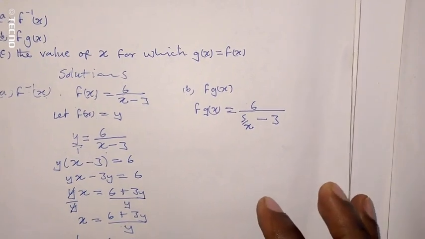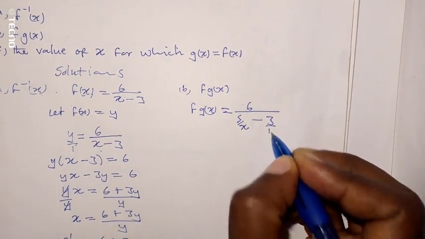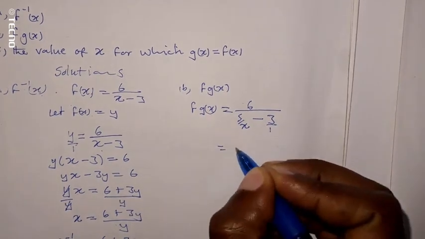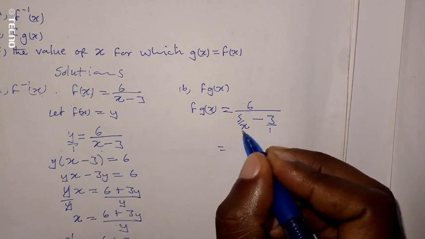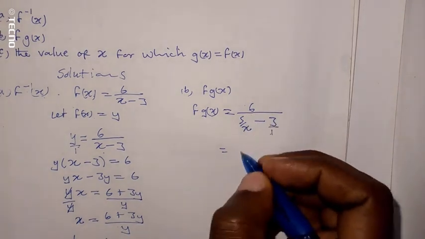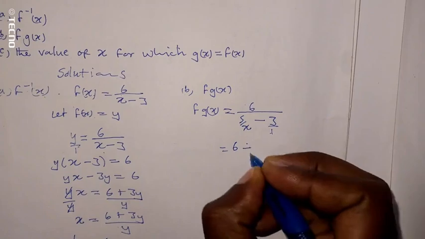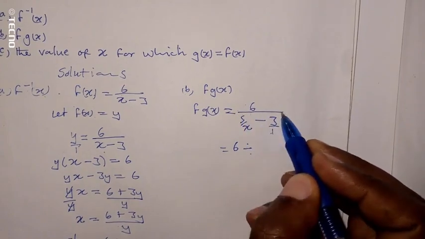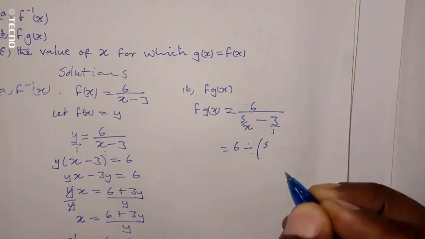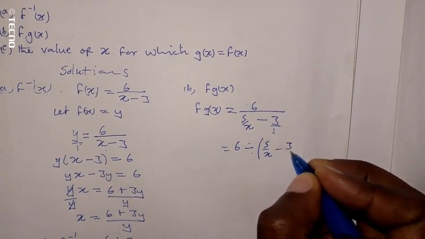Having this function, this is a fraction, so we can put 3 over 1 and look for a common denominator, which will be this same x. So I'll write 6 divided by, because this over means divide by, open bracket, 5 over x minus 3 over 1.